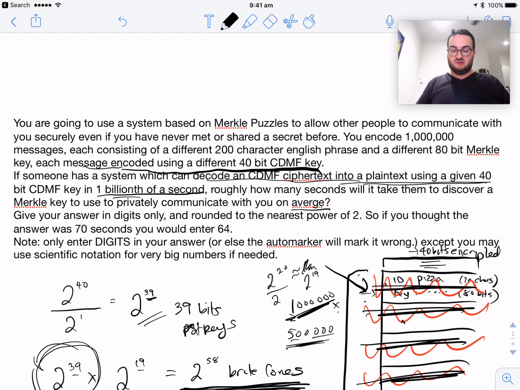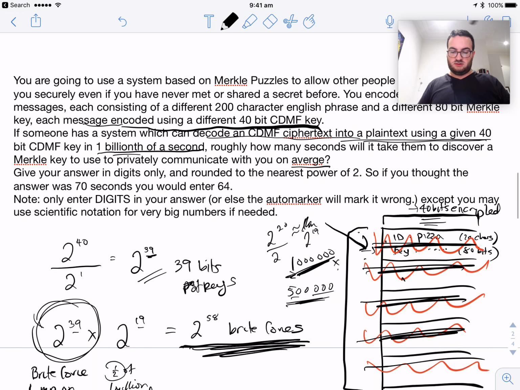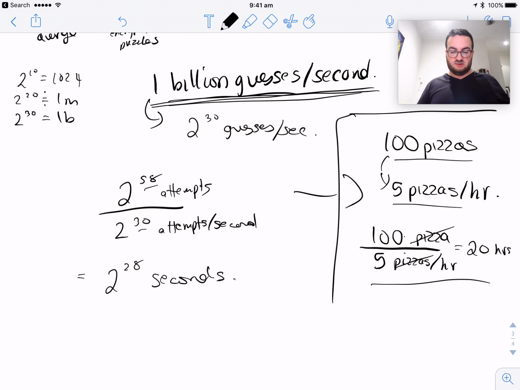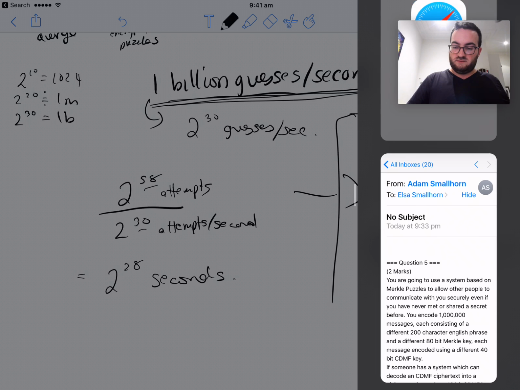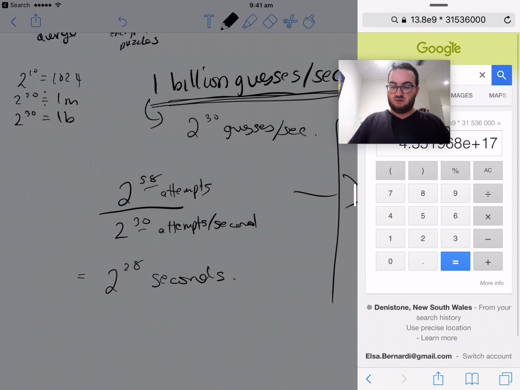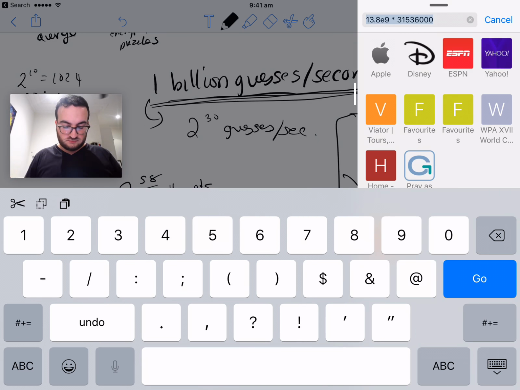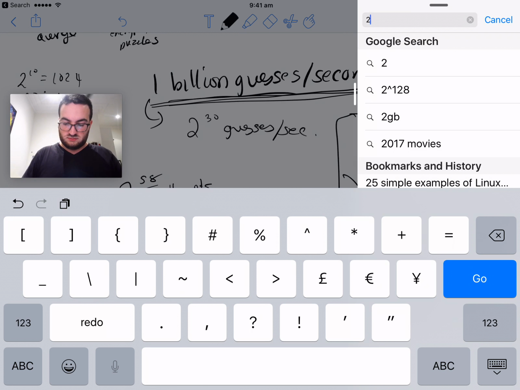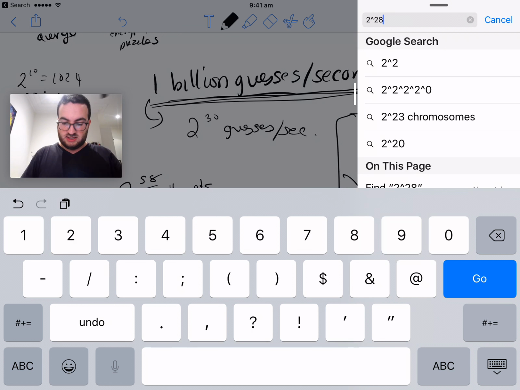The question says to give your answer in digits only and round to the nearest power of 2. So if I wrote it as that many seconds, how many seconds is 2 to the 28? Let me pull in my universal calculator, known as Google. 2 to the 28.